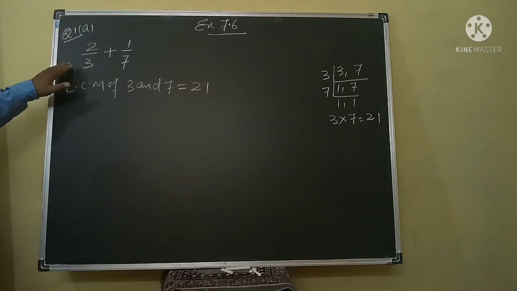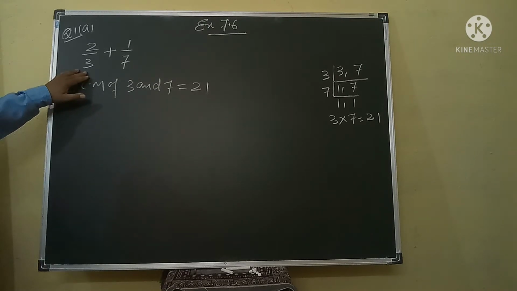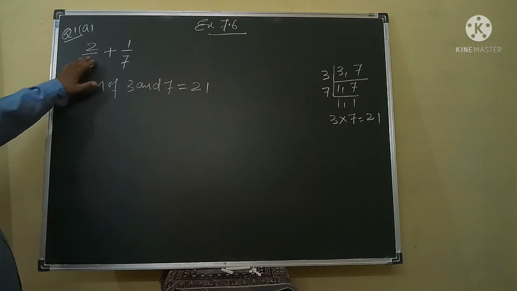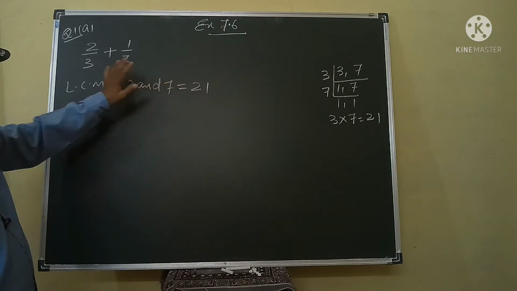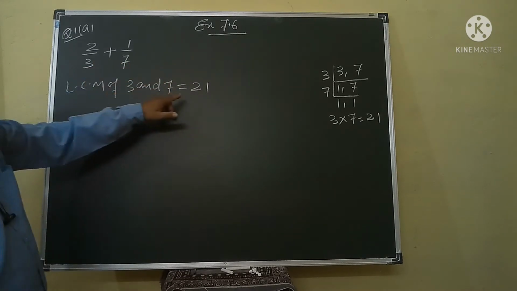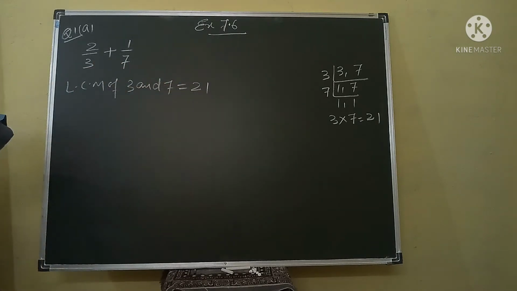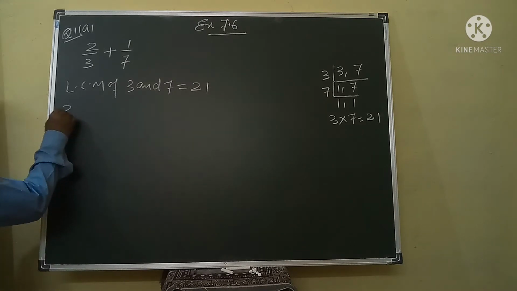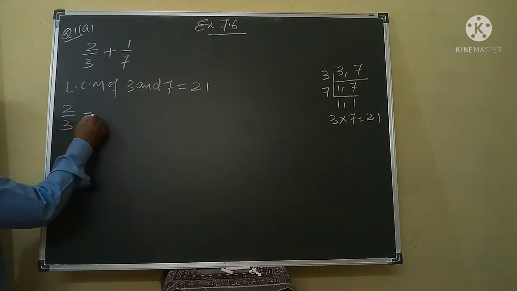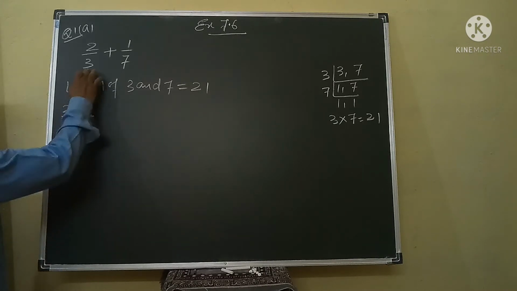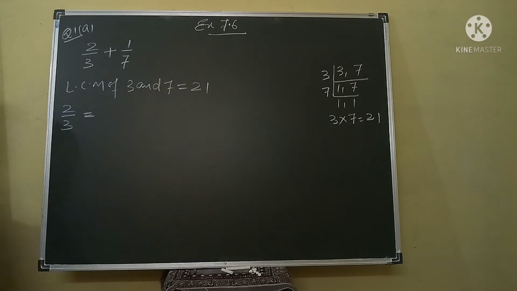In the first fraction, the denominator is 3. So what will we do? Denominator 3 is converted to 21. How? Look here, 2 upon 3. You know very well, 3 converted to 21, how?